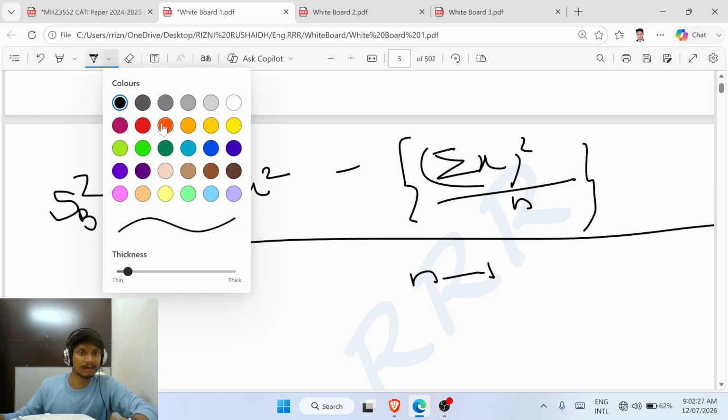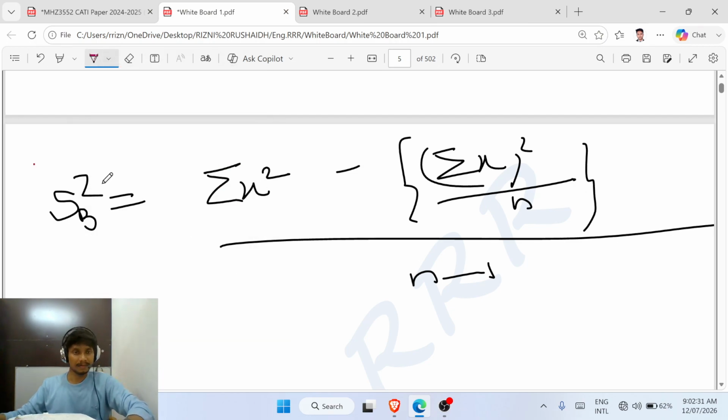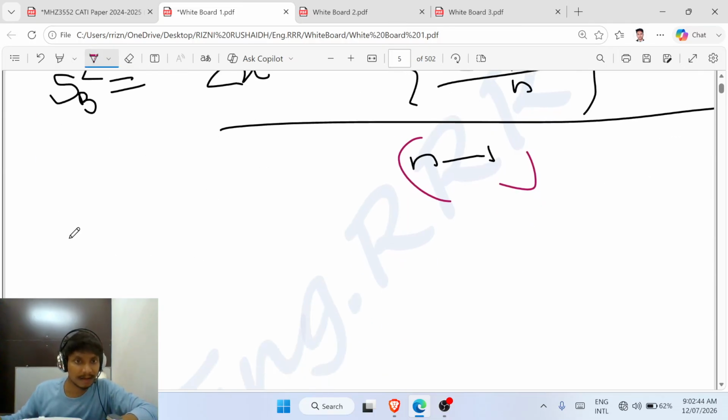If they don't give us the equation, we have to be ready to write this equation. S B square is the variance of B.